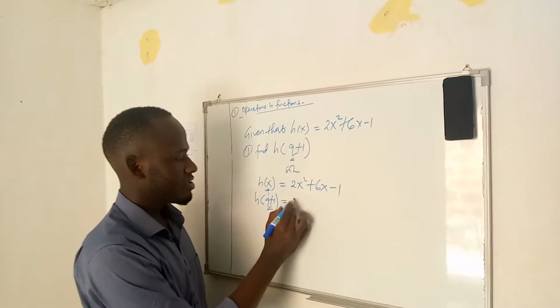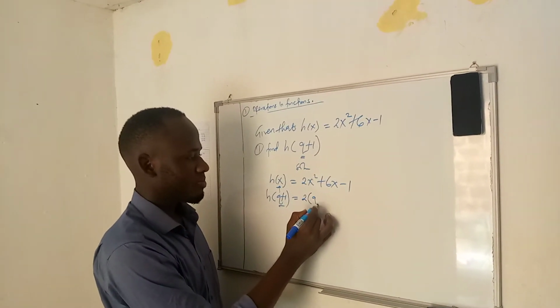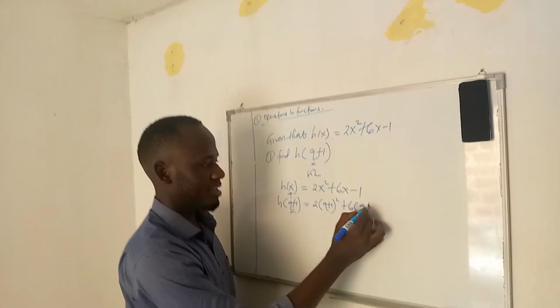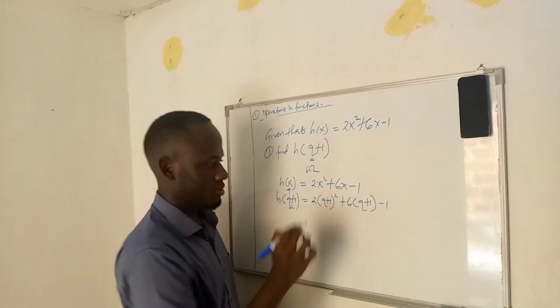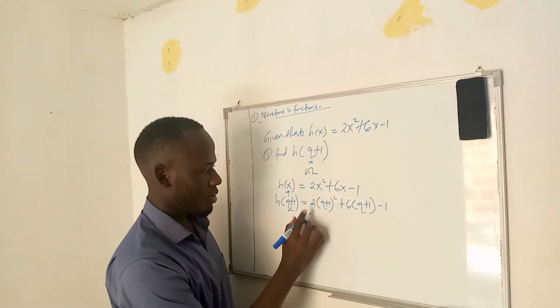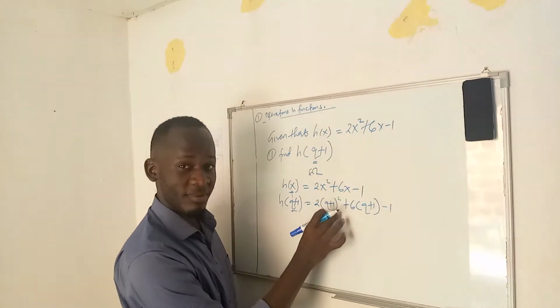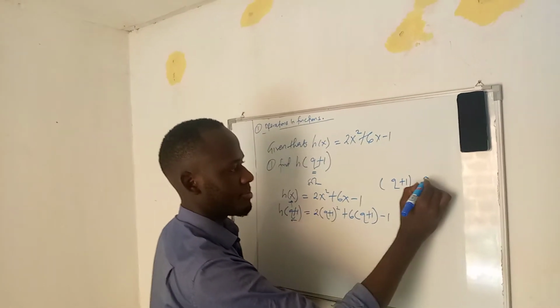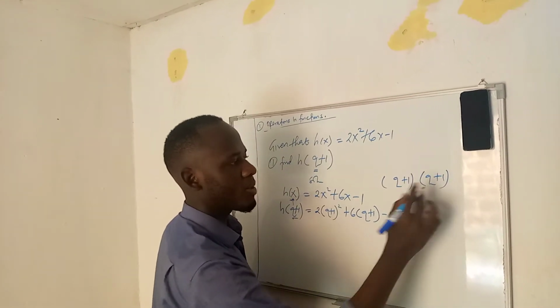So we shall have 2 brackets q plus 1 squared plus 6 into q plus 1 minus 1. Let us first expand this. Let me go step by step such that you can all understand.